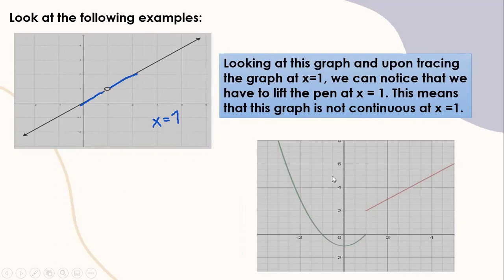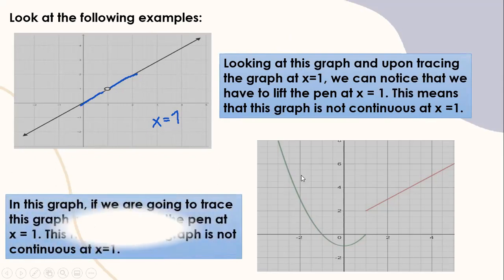Next, in this graph, if we trace our function, we have to lift the pen at x is equal to 1 as well. There is a cut there. Thus, this means that this graph is not continuous at x is equal to 1.